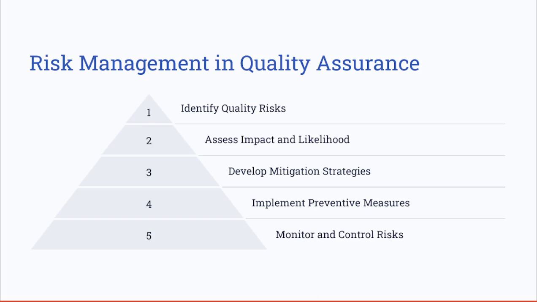An important concept here is risk management and quality assurance. Quality risks such as process inefficiencies or non-compliance can lead to project failures. You can apply preventive measures like thorough training and early defect detection to mitigate these risks. Risk mitigation involves preventive measures and contingency plans.